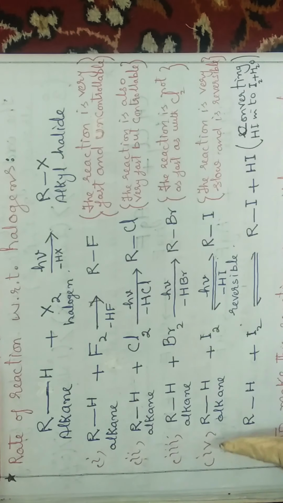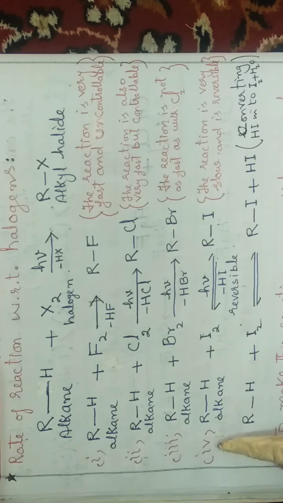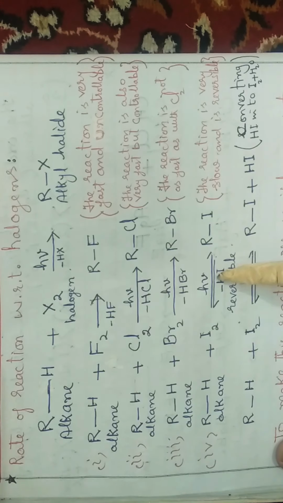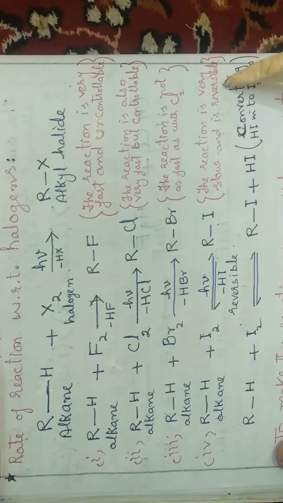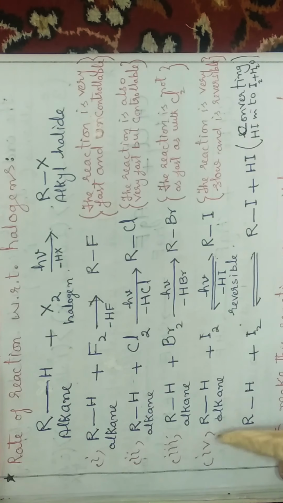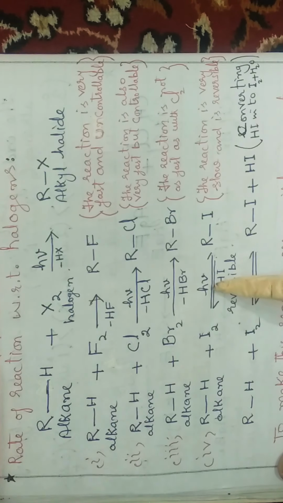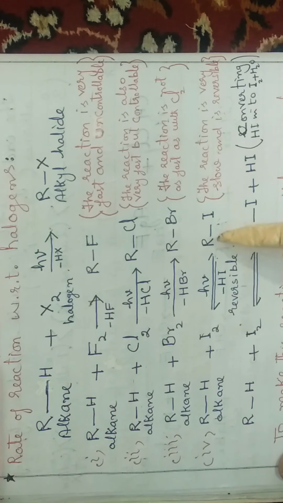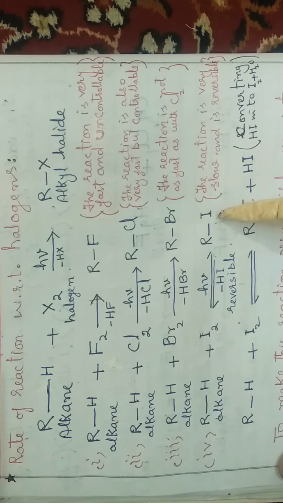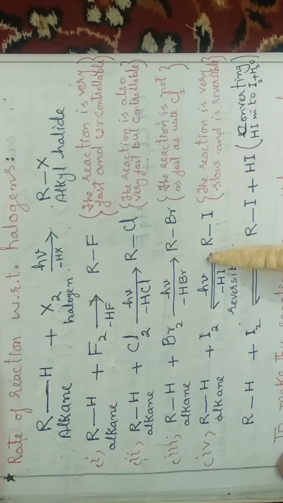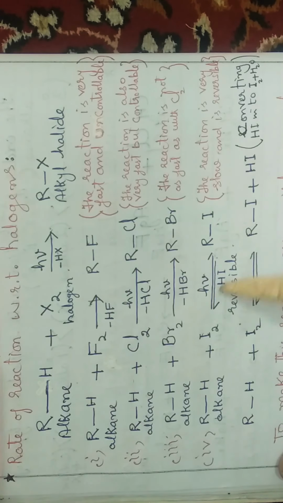Let's move towards the fourth reaction, that's alkane plus iodine in presence of sunlight. This reaction is very slow and is reversible. Here you can see this reaction: alkane plus iodine in presence of sunlight gives alkyl iodide. You can see this is the sign of reversibility. This is a reversible reaction.